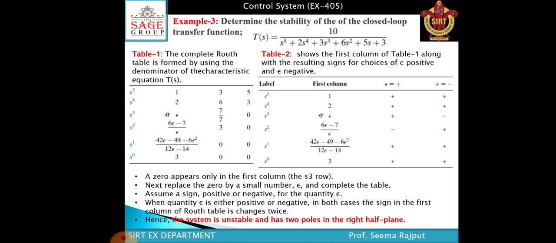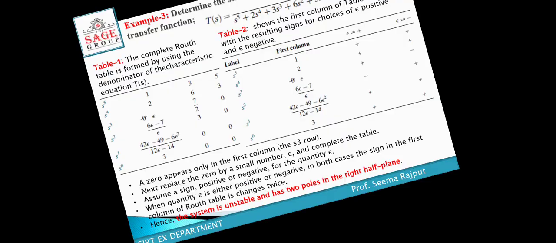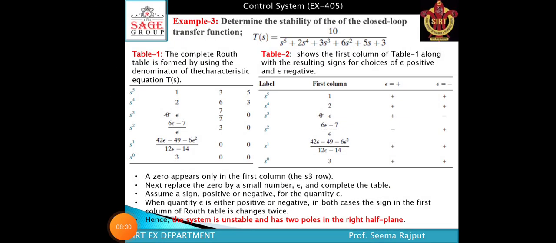Now see table second. Table second shows the first column of table 1 along with the resulting signs for choices of epsilon positive and negative. So in the first column: 1, 2, epsilon, 6 epsilon minus 7 by epsilon, (42 epsilon minus 49 minus 6 epsilon square) upon (12 epsilon minus 14), 3.